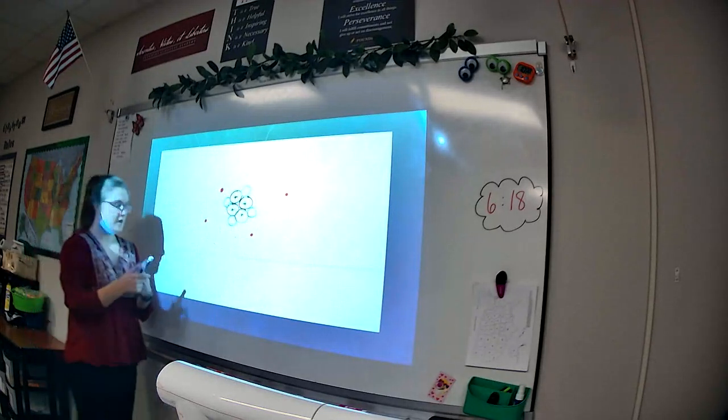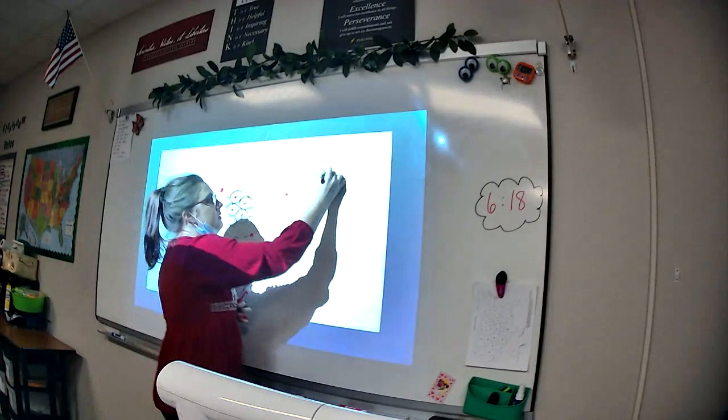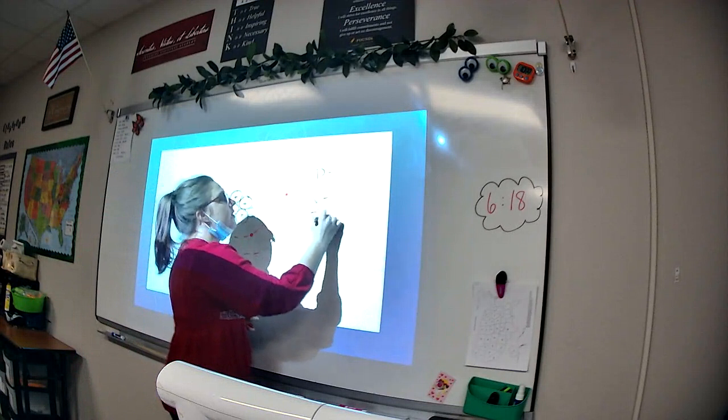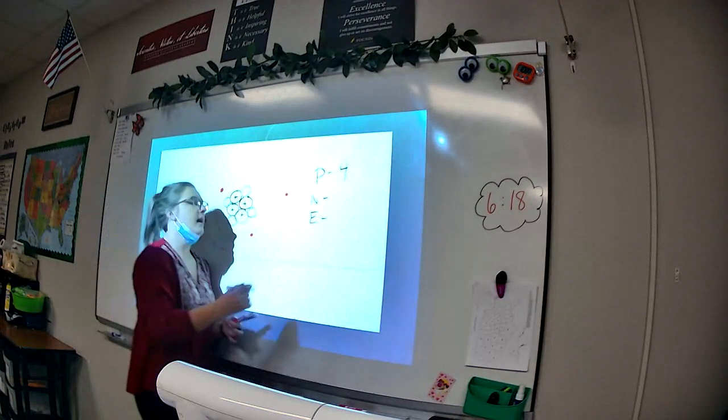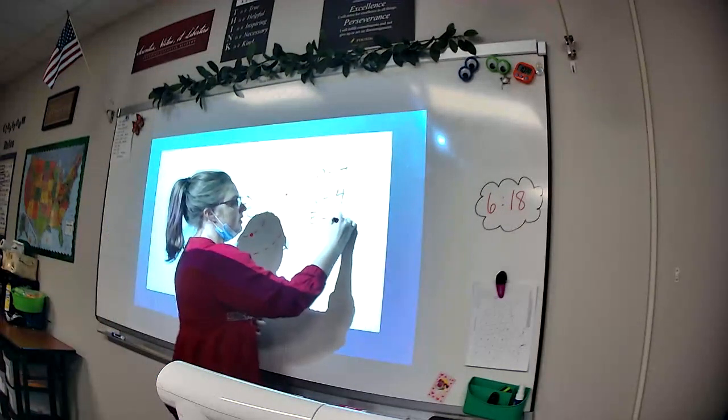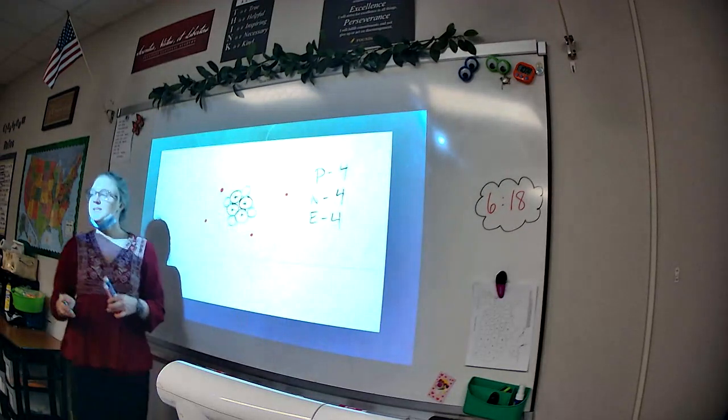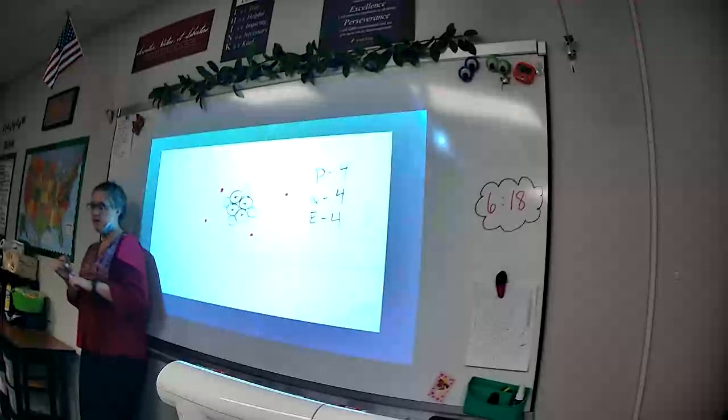Thank you. So, how many protons do I have? 4. How many neutrons do I have? 4. How many electrons do I have? 4. Someone tell me, what is the symbol for this atom or this element?